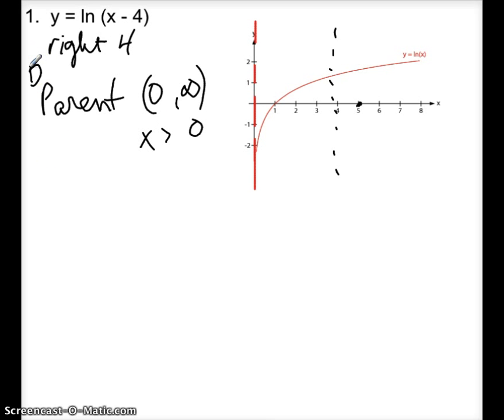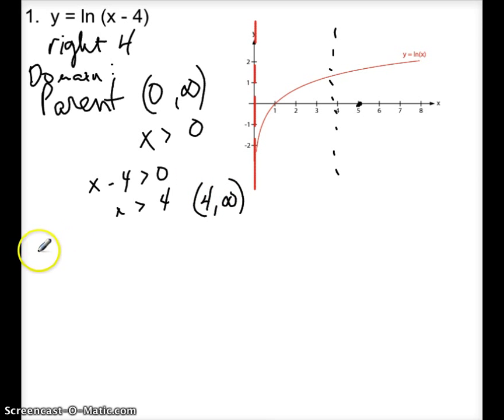So to find the domain of a non-parent function when we have transformations, we would take the value that we're taking the log of, and set that greater than 0. Solve for x. And now we know that our domain is greater than 4, or from 4 to positive infinity.